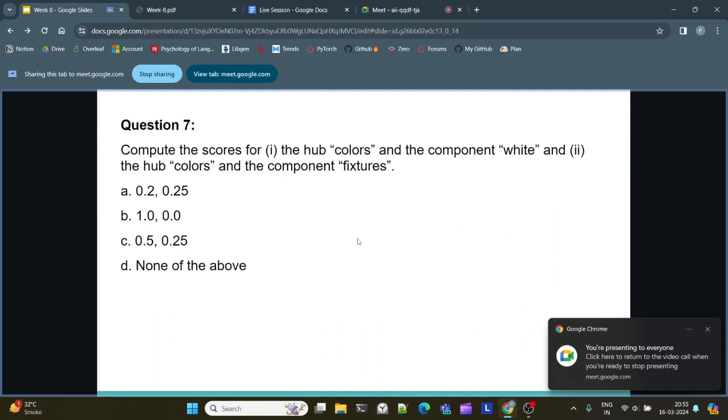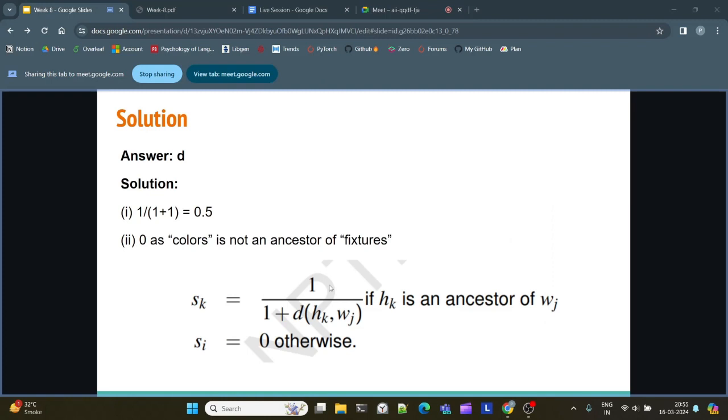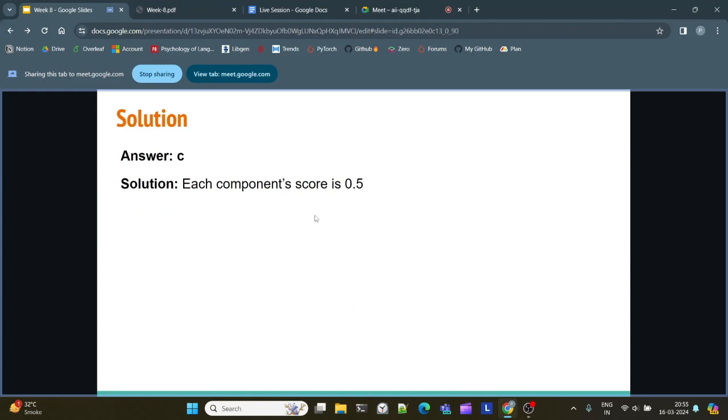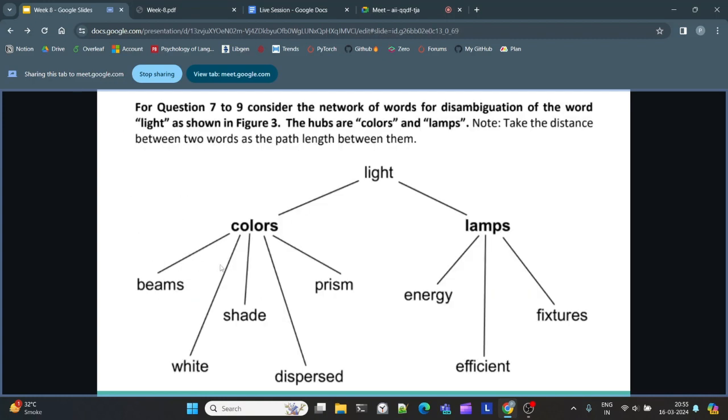Okay, let's see the official solution once. This is the formula. Please keep this in mind. Based on the formula, each of the components has a score of 0.5, as mentioned. You have to compute the scores for each of the words that are there. For beams, colors and beams, there's only one edge, so the formula would be 1 by 1 plus 1, so 0.5. Again, for all these, it would be 0.5.